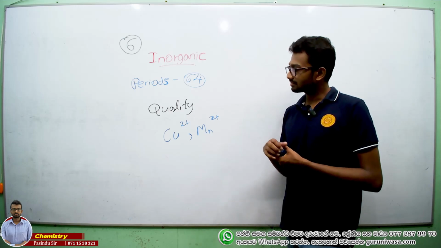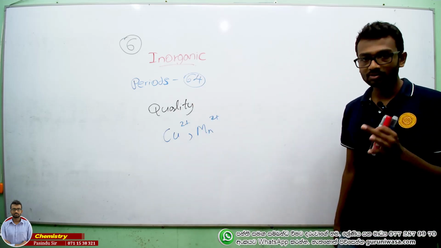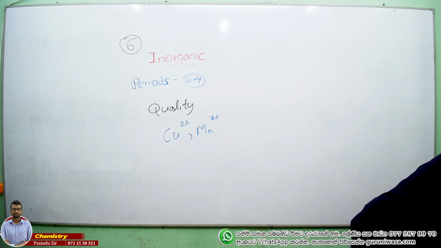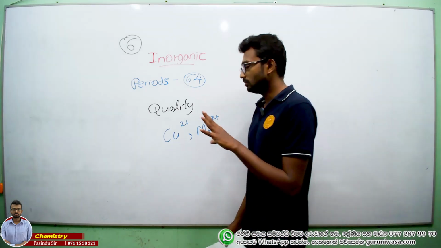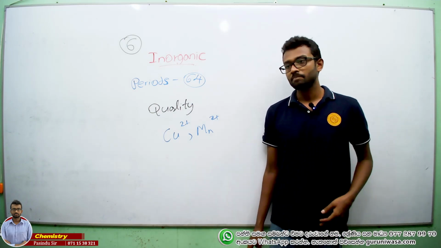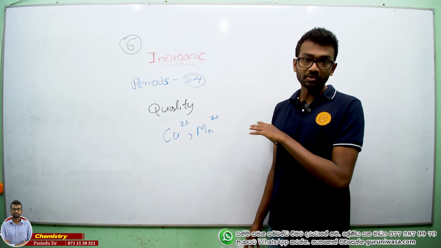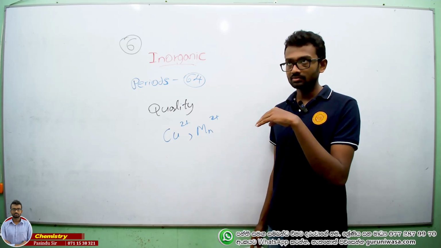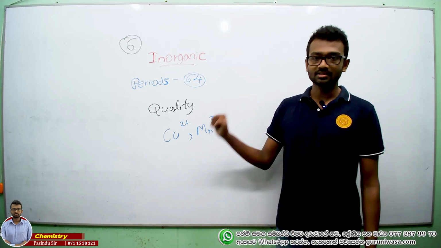That's why I say just learn it properly, and then you can achieve almost all the marks. That's the difference of the inorganic part. It's hard, but if you know, you can get the marks.